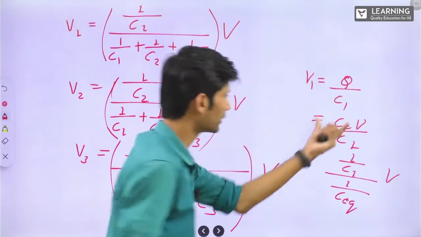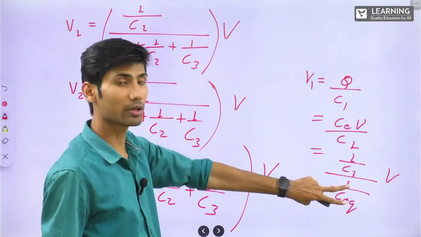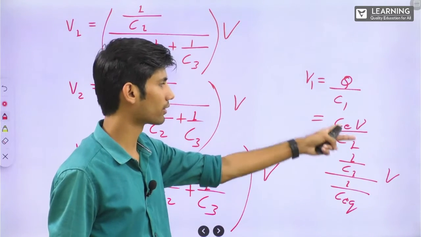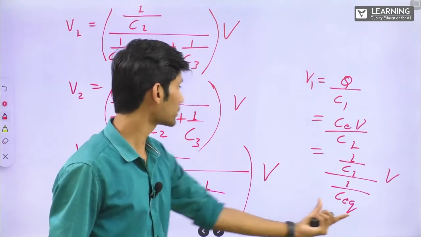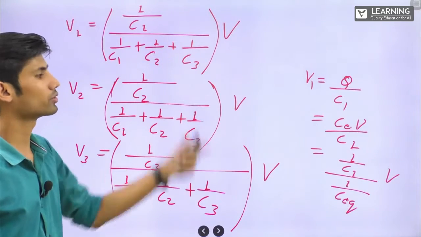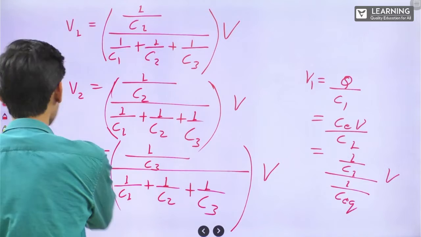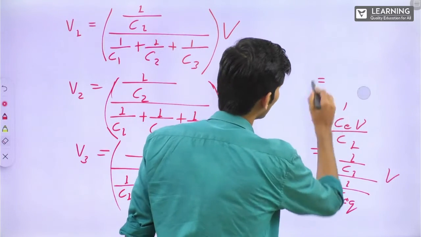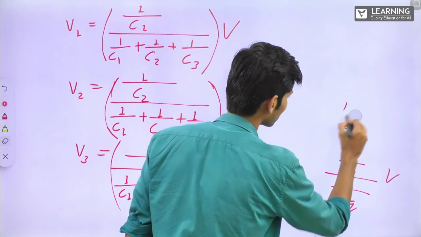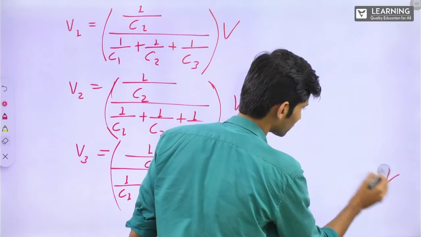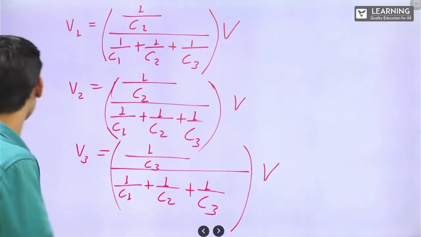And we see this and this are the same. 1 upon C equivalent means C equivalent is in the numerator, so C equivalent by C1, correct? Into V. 1 upon C equivalent is this: 1 upon C1 plus 1 upon C2 plus 1 upon C3. Clear? So instead of first finding Q and then putting in the formula, you can directly remember. Got it?